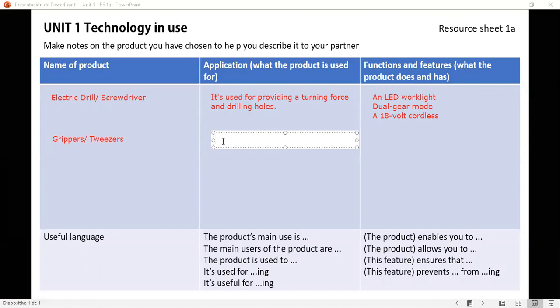Okay, that's the application, what the product is used for. I use the grippers or the tweezers, that's the other name for pinzas.